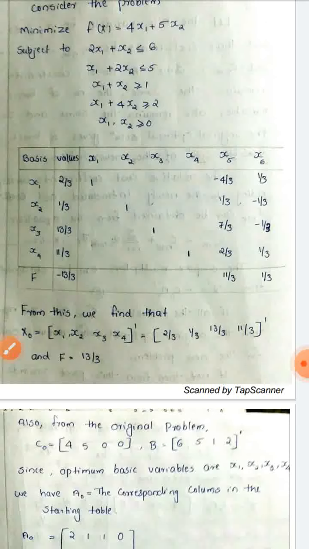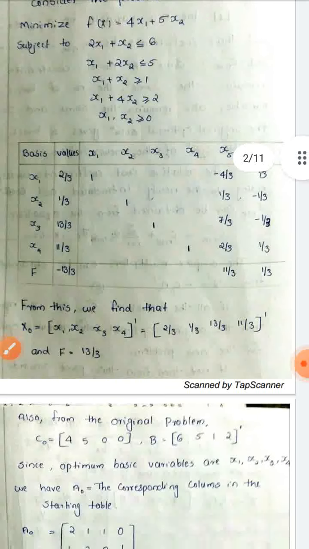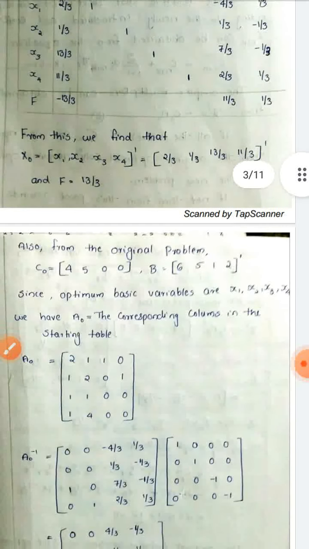And since the optimum basic variables are x1, x2, x3, x4, a naught is the corresponding columns in the starting table. Here a naught equal to 1, 1, 0, 1, 2, 0, 1, 1, 1, 0, 0, 1, 4, 0, 0. It is obtained from the starting table.